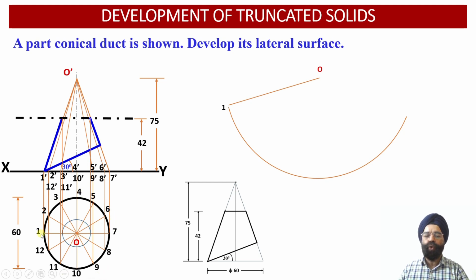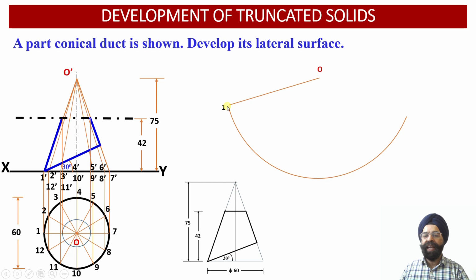So through point 1, now we are going to measure the distance between points 1 and 2, because we have already discussed, we have divided this circular top view projection into 12 equal parts, so that the included angle of each sector happens to be 30 degrees. So the distance between 1 and 2 will be the same as the distance between points 2 and 3 and so on. So we'll measure the distance between points 1 and 2.